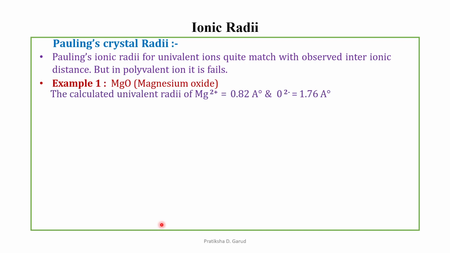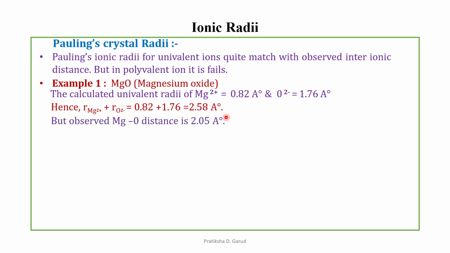The calculated univalent radius of the Mg2 plus ion is 0.82, whereas for O2 minus it is 1.76 angstrom. Hence the internuclear distance D is equal to 0.82 plus 1.76, which is 2.58 angstrom. But the observed MgO distance is 2.05. That means these two values do not match.